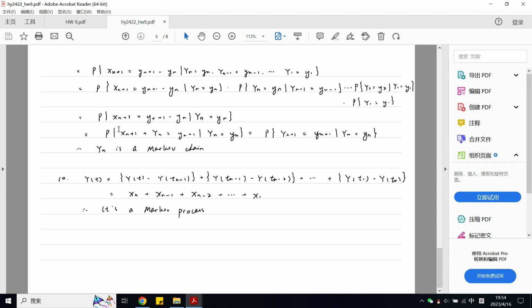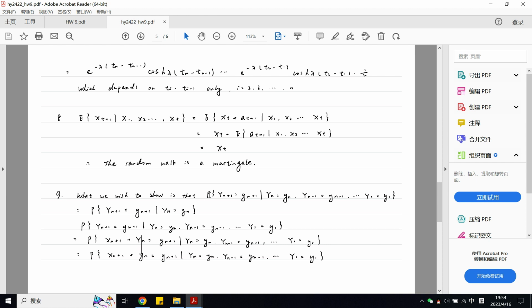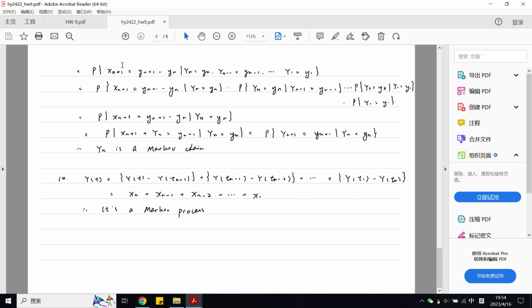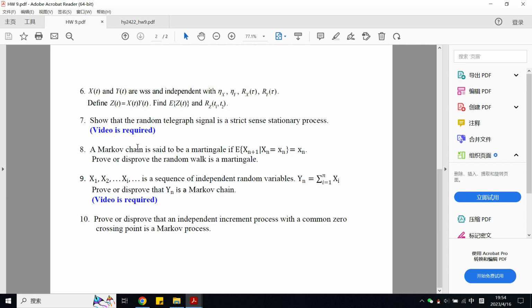So this equals the probability that xn+1 plus yn equals yn+1 given yn equals yn, which is the probability that yn+1 equals yn+1 given yn equals yn. So since we have shown that these two probabilities are the same, we can say that yn is a Markov chain.